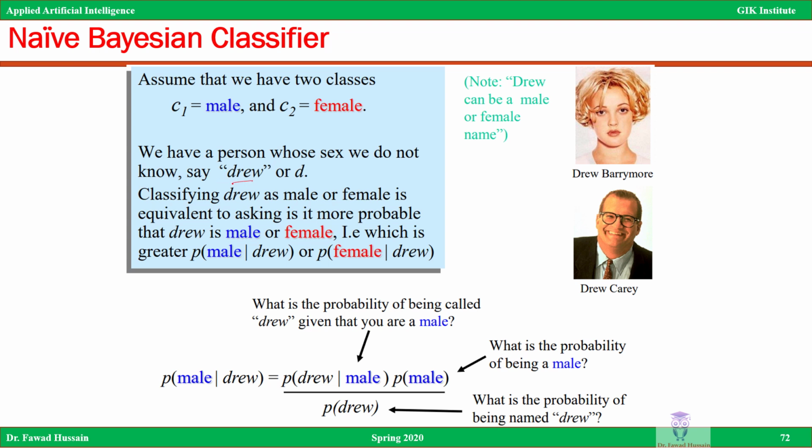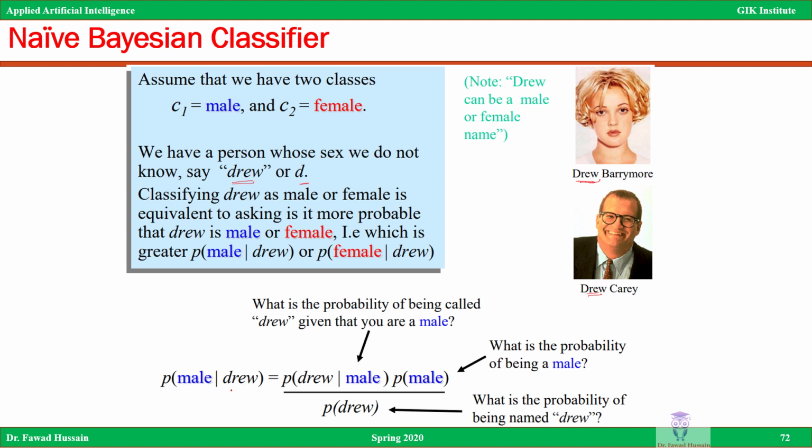Let's call that person Drew or D. Drew is a name that occurs in both genders, and we're trying to predict just by knowing that name whether that person is a male or a female. We have that naive Bayesian formula, and I've written it over here. Instead of using D and C, since we know the values, what's the probability of male given Drew?